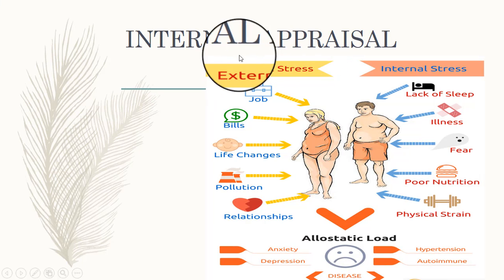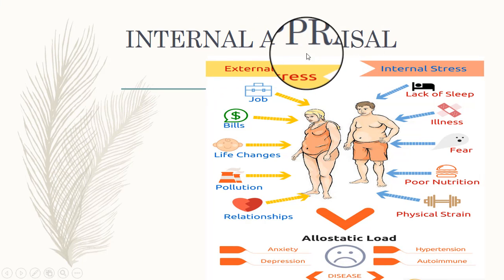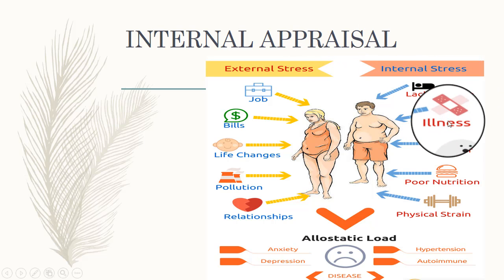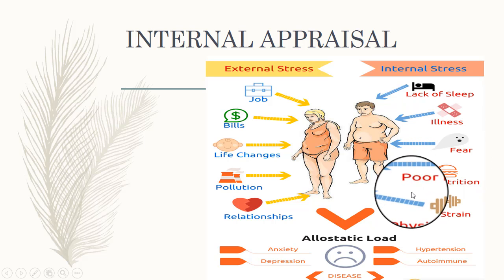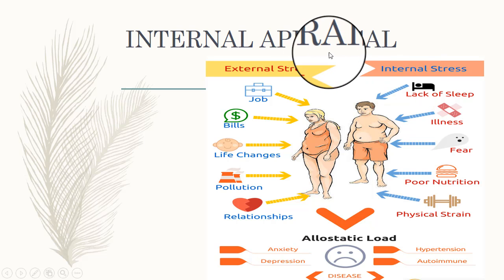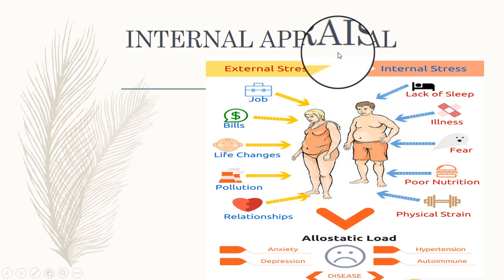Now the next step: internal factors, or you can say internal appraisal. This comes either just before, during, or just after the actual trigger occurs. Your senses, such as your sight and your hearing, as well as what's commonly known as your intuition or your gut feeling, take in the information that something is not right.